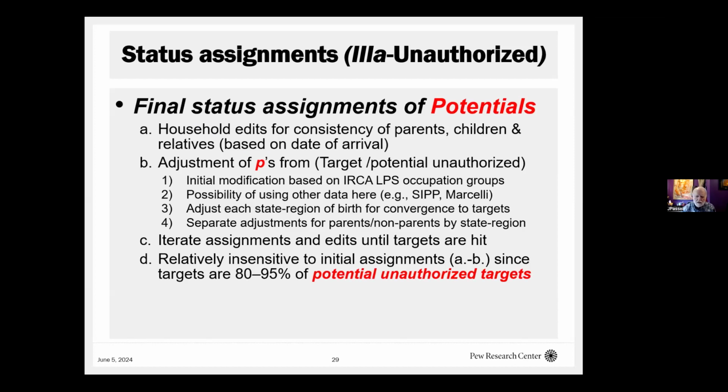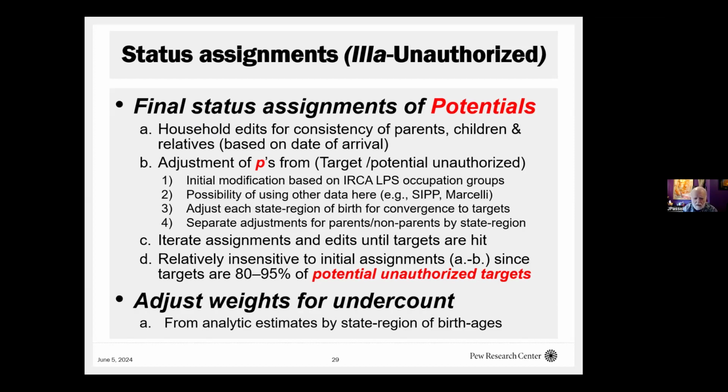The potential unauthorized immigrant population tends to be 5 to 15% larger than the targets. So the probabilities are not very sensitive to these adjustments. And we go through until we get the numbers we think are right.